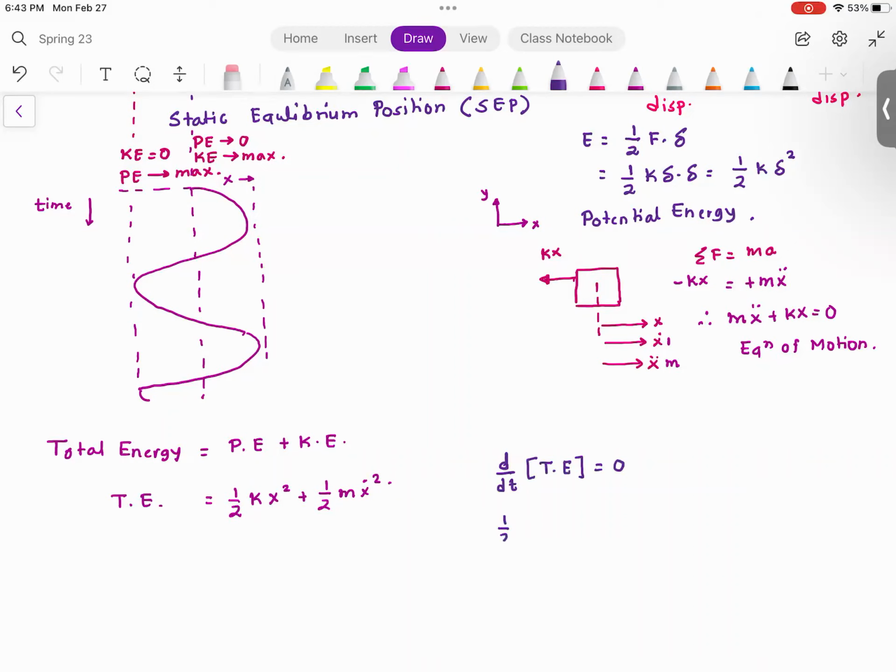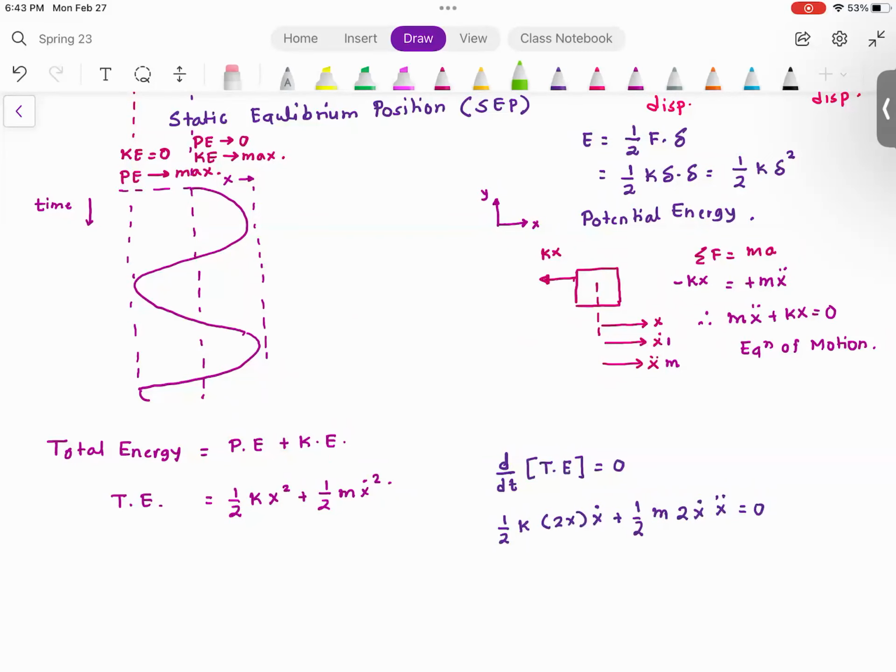This is going to be 1/2 k 2x x dot. Do you agree with me? So basically 2x x dot plus 1/2 m 2 x dot x double dot is equal to 0. Do you agree with me?